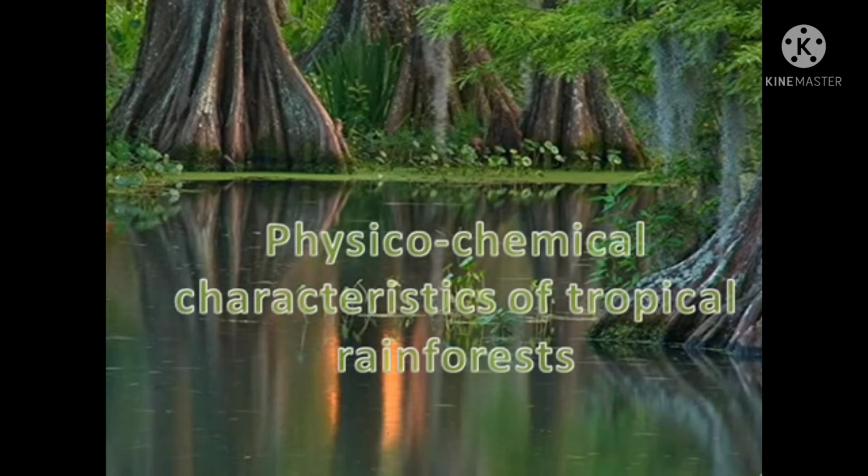This article addresses the climate and biodiversity of one of Earth's most diverse and iconic biomes, the tropical rainforest. The tropical rainforest biome has four main characteristics: first, very high annual rainfall; second, high average temperature; third, nutrient-poor soil; and fourth, high levels of biodiversity or species richness.